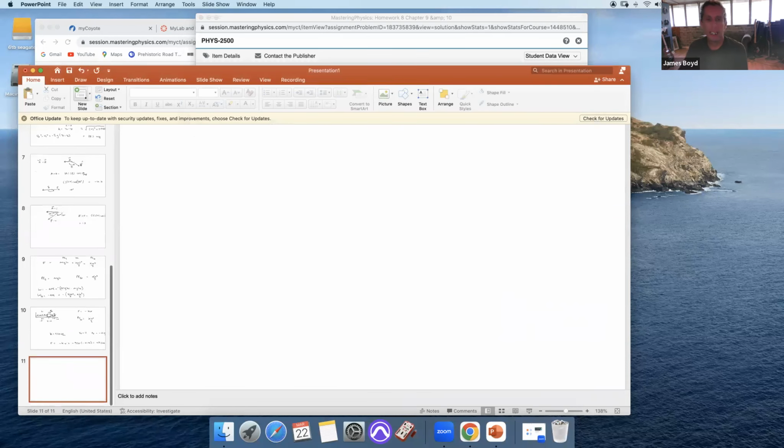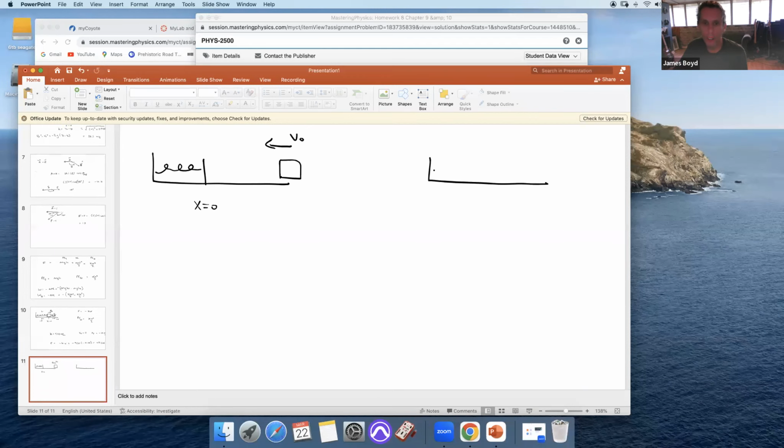Initially, the spring is sitting here at its x is 0, and there's a box traveling this way with some initial velocity. It's going to hit the spring and compress it 0.065 meters, 6.5 centimeters, before coming to a stop and then shooting back the other way.